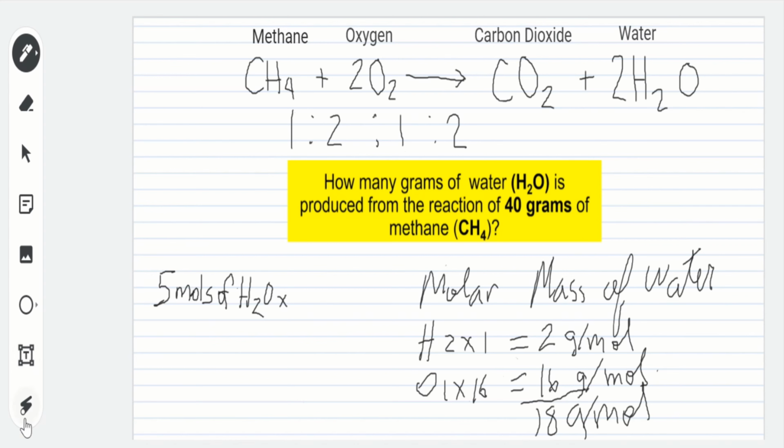So, gagamitin natin ito, okay? Gagamitin natin itong 18 grams per mole, okay, para mahanap natin o ma-convert natin yung 5 moles of water into grams. Okay, so we will be writing it here.